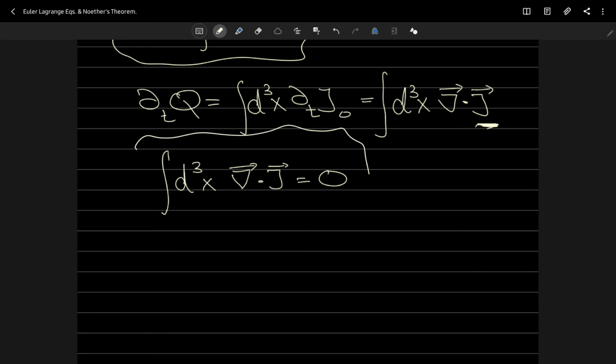And what does this tell you? This equation just tells you that the total charge is invariant with respect to time. And therefore, what that means is that the total charge is conserved.